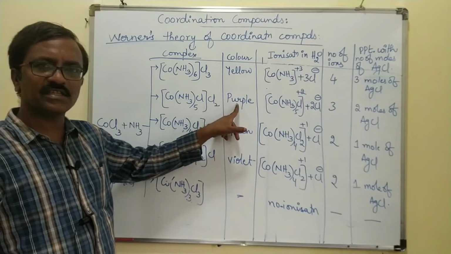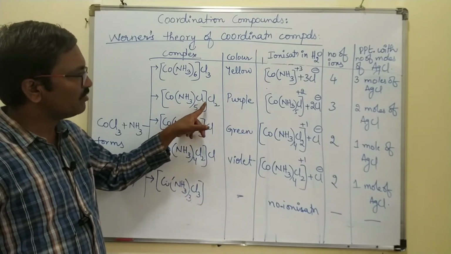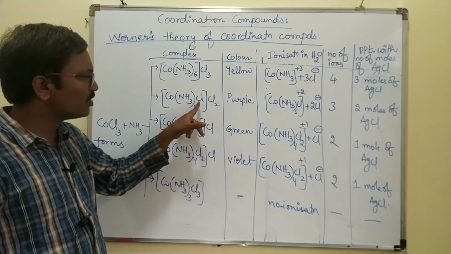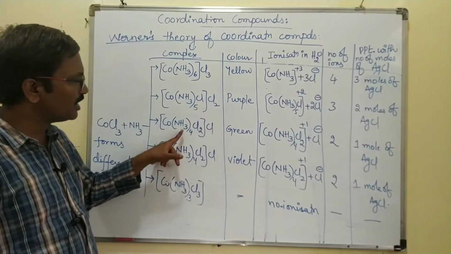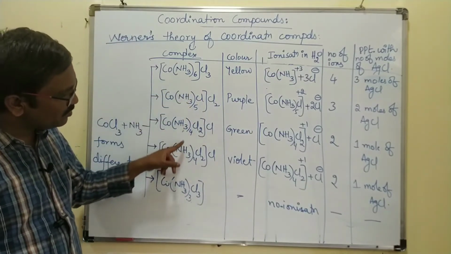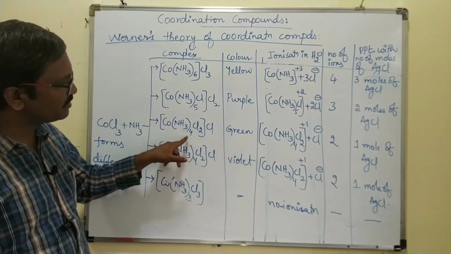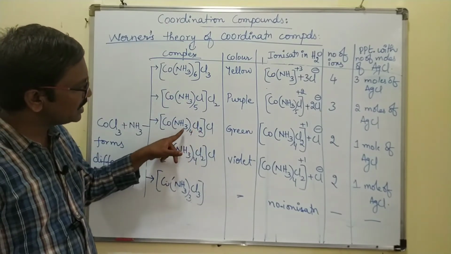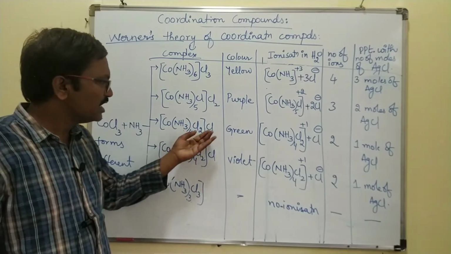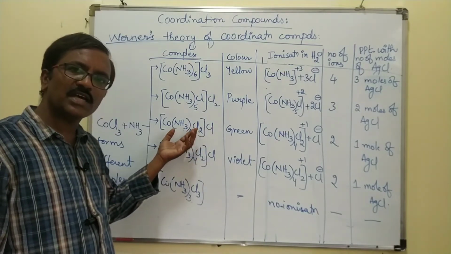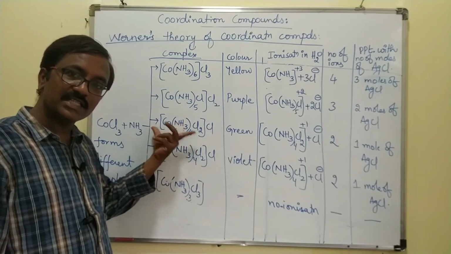That's why the color is different. So the one chloro is inside the complex. In the fourth one, slowly the ammonias are decreasing, 6, 5, 4. So if the ammonias are decreasing, slowly the chloride ions are going inside the coordination sphere.